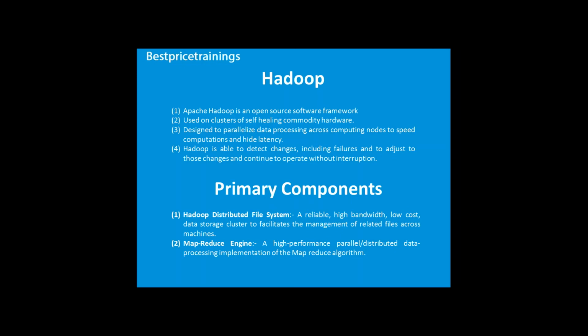Hadoop is basically an open source software framework. Now, what is this framework? Guys, first of all, keep this point in mind: Hadoop is not at all a programming language. Hadoop is not at all a database system. Hadoop is not at all a data warehouse or data storage or something like that.